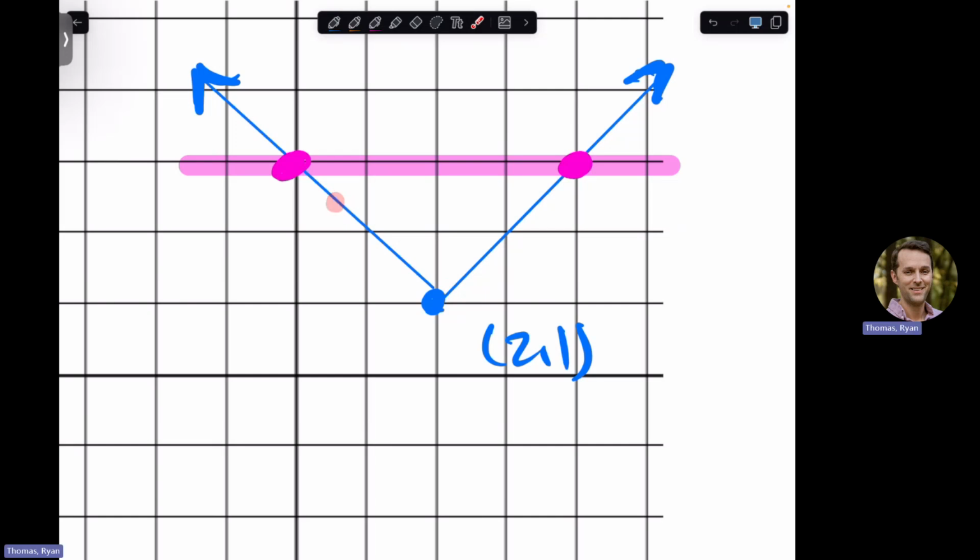Right here, whatever the x value is, the y value is about 4. Smaller than 3? No. Right here, y value is exactly 3. Smaller than 3? Right here, the y value is 2. Is 2 smaller than 3? Yeah. Here, smaller, smaller, smaller. Here, exactly 3 again. Here, bigger than 3.